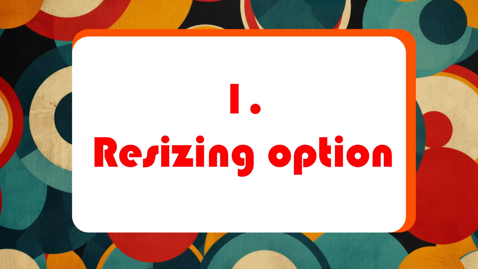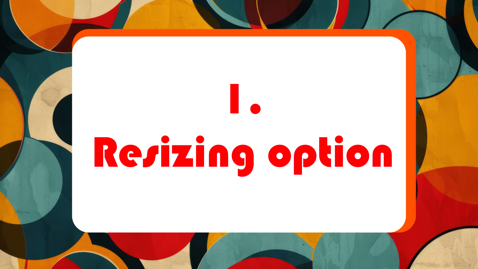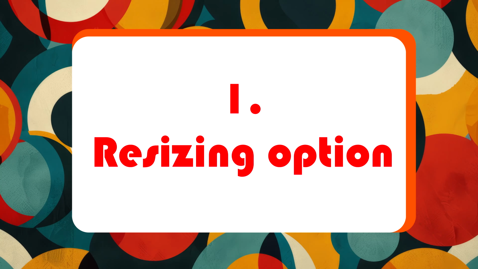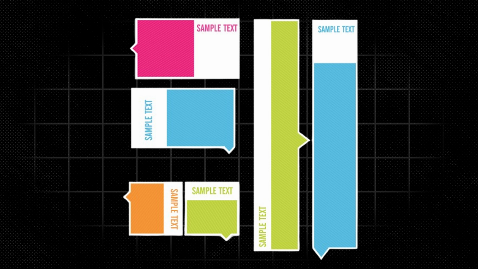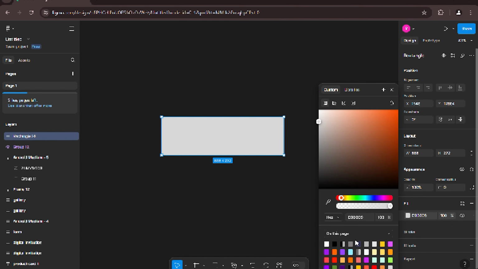Now, let's get into the resizing options available in Figma's auto layout. These are the tools that let you control how your elements resize when the content or container changes. First, hug contents. This makes the element resize based on its content, perfect for buttons or labels that adjust with the text. So let's take an example of a button.